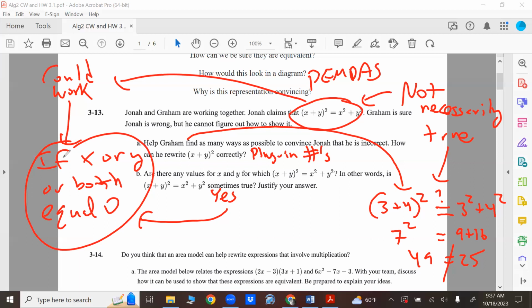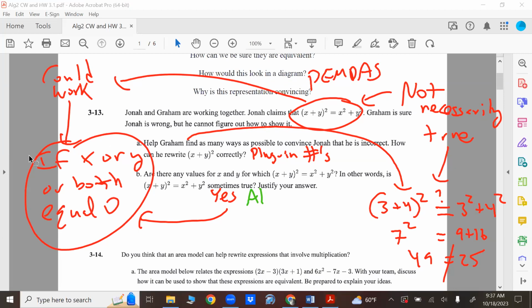Now, what's really going on here? Let me actually do this in green so it stands out. What's really happening is you have to FOIL the left side, right? So if you FOIL the left side, algebraically, oh goodness, this new Zoom thing's driving me nuts.